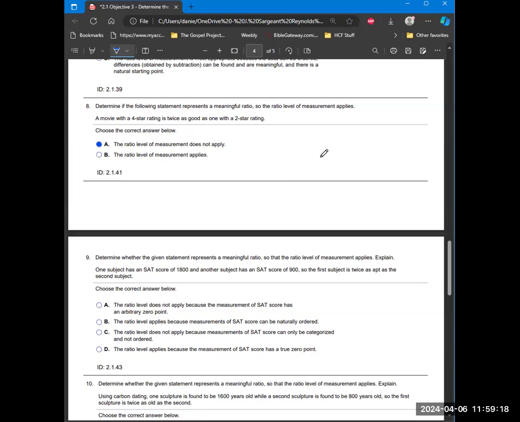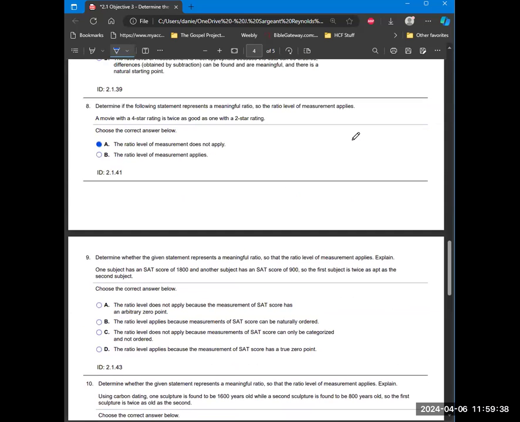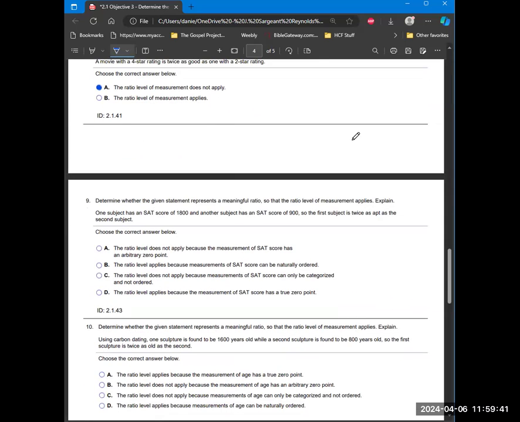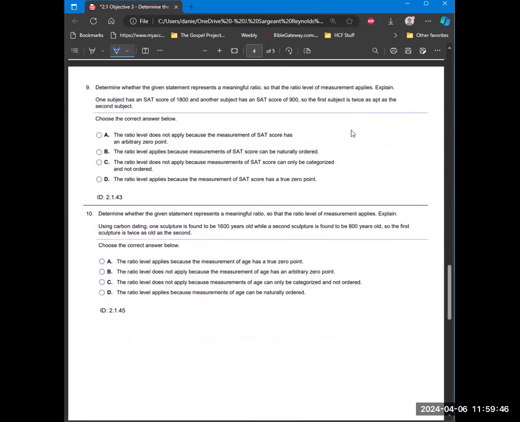They're more like ordinal data, where you get bad, good, average, very good, and it doesn't translate into 4 stars being twice as good as 2 stars. All right, determine whether the given statement represents a meaningful ratio so that the ratio level of measurement applies, and explain why.